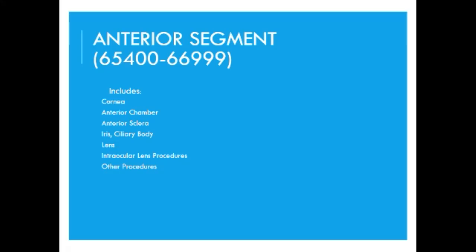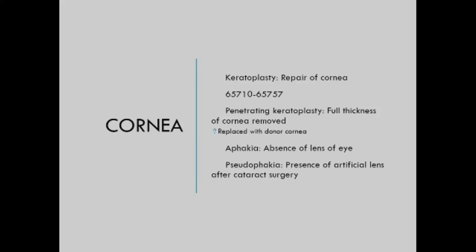Anterior segment, 65400 through 66999. It includes the cornea, the anterior chamber, the anterior sclera, iris, ciliary body, lens, intraocular lens procedures, and other procedures. Let's talk about the cornea.